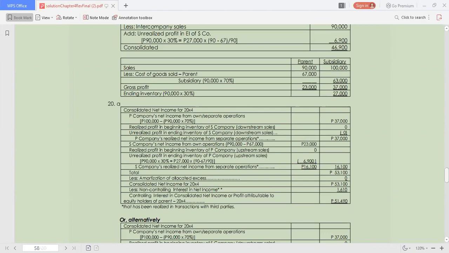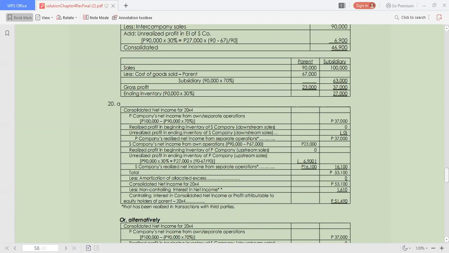So we have now P company's realized net income from separate operations of the amount of 37,000. Then we have S company's net income from own operations. We have now 90,000 minus 67,000 or 23,000.